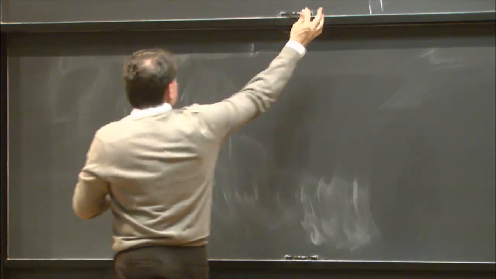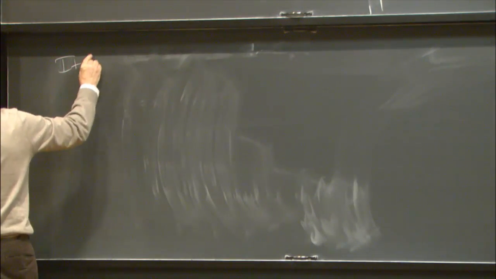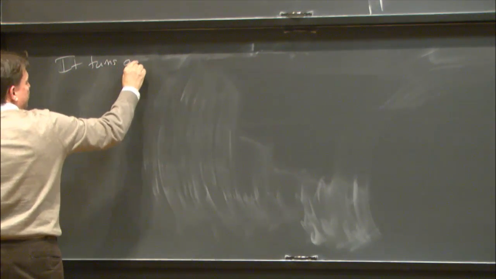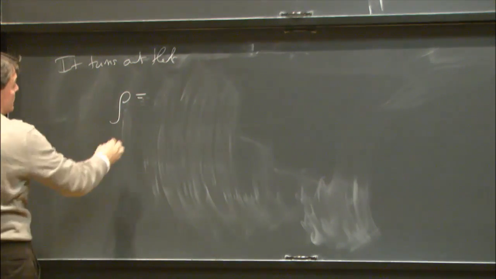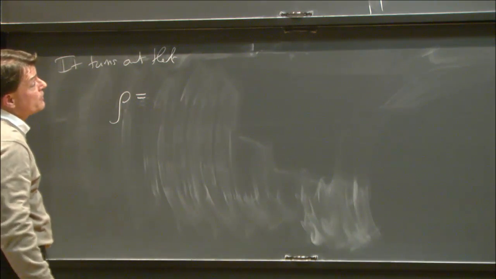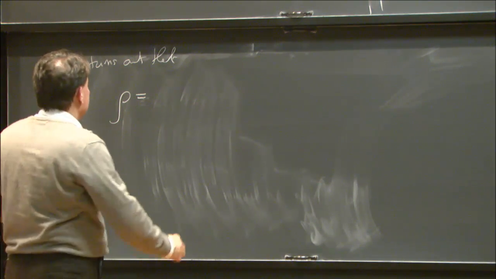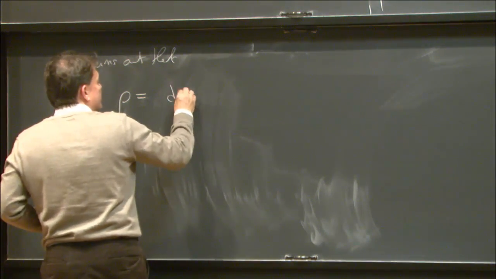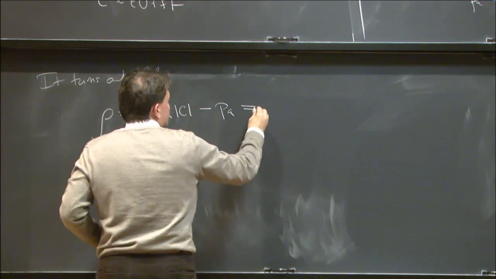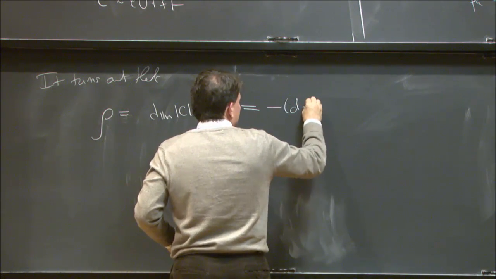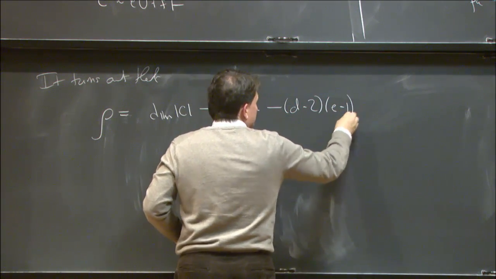Okay, so when you make these calculations, it turns out that this number, I'm going to call it rho, which is essentially the difference of these guys. So I want the dimension of the linear series. That's H0 minus 1. So the dimension of this linear series minus the arithmetic genus here turns out to be minus (e minus 2) times (e minus 1).